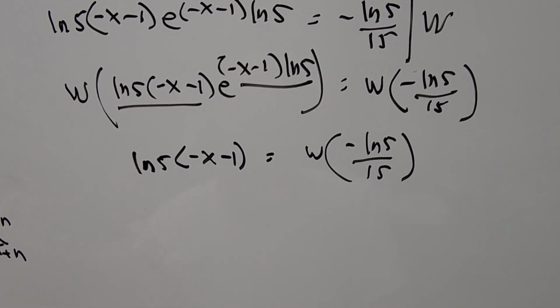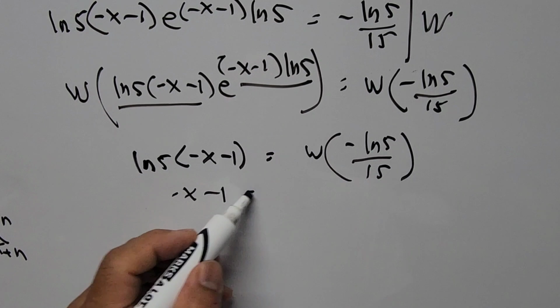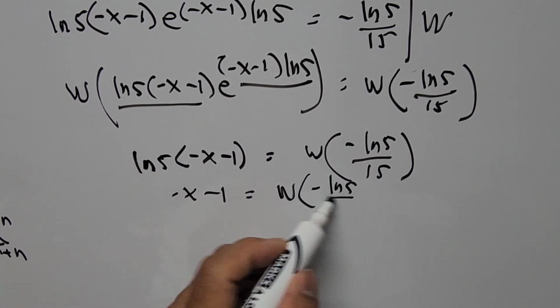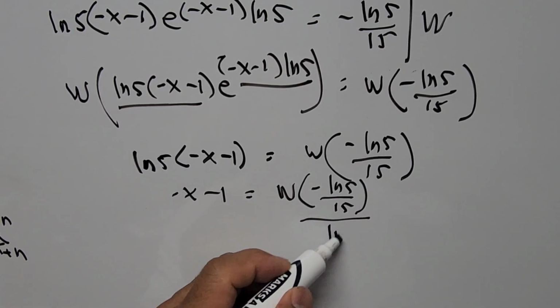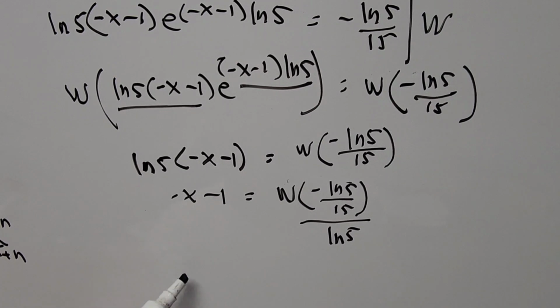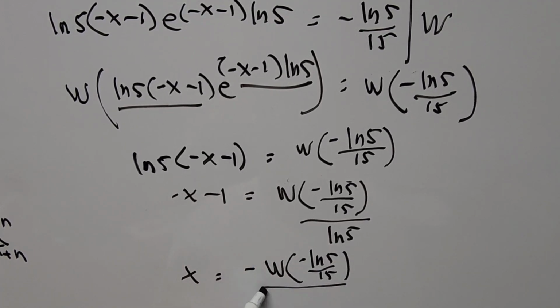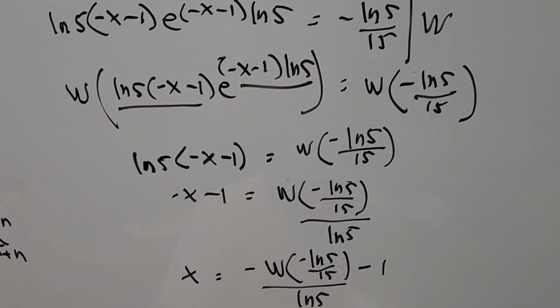So from here, solving for the value of x, we have negative x negative 1 equals W sub negative 1 of negative ln of 5 divided by 15 divided by ln of 5. And so we have x is equal to negative W sub negative 1 of negative ln of 5 divided by 15 divided by ln of 5 minus 1. So this is our final answer.